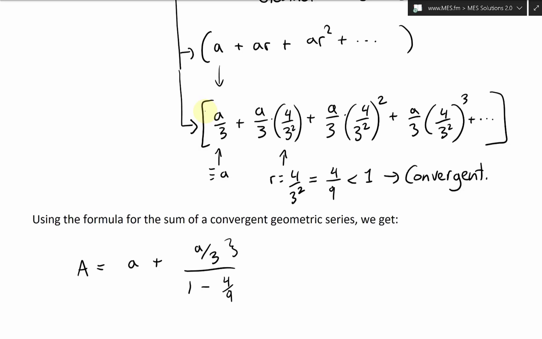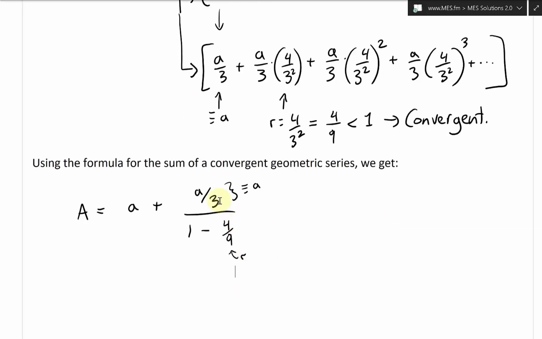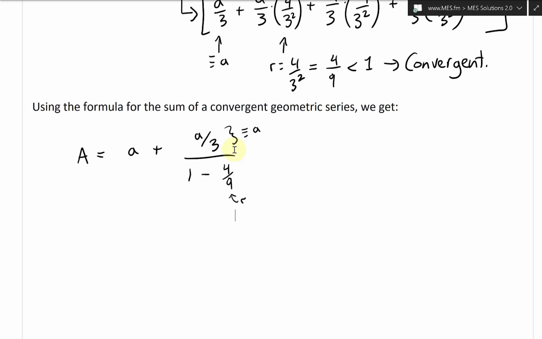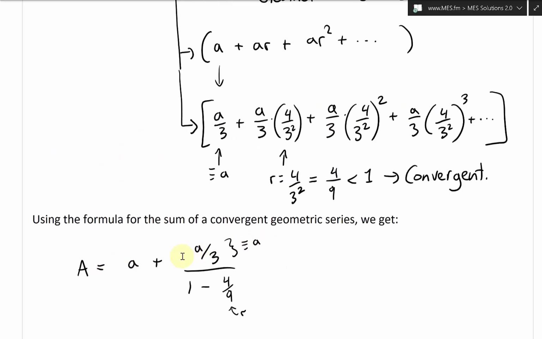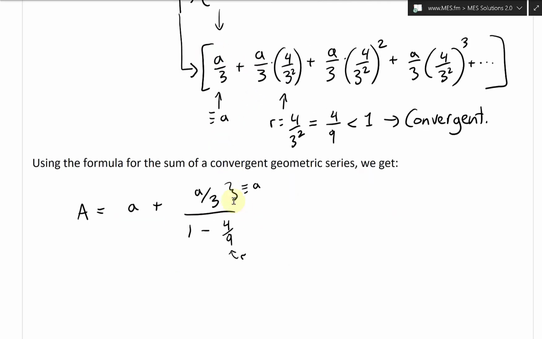Remember, this corresponds to a in our formula, and this is r in our formula. I put these 3 lines for equals to say that this corresponds to it. It doesn't actually equal a, because we have an a here; we're not talking about this a, we're talking about this one here, so it just corresponds to.